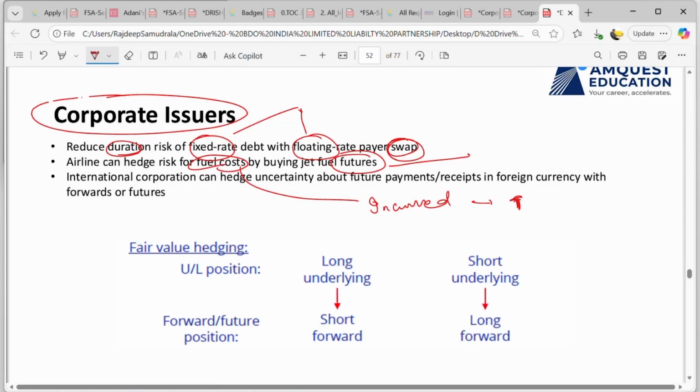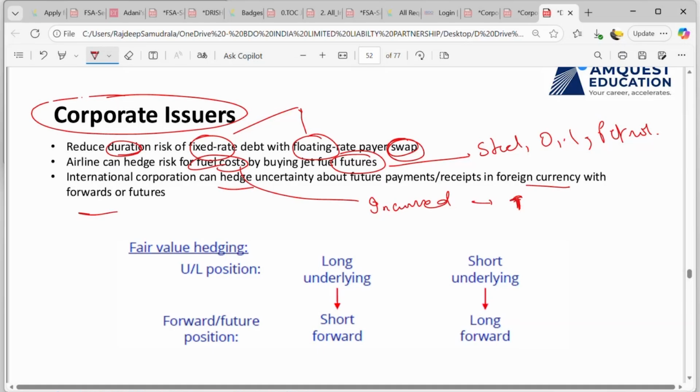They'll say, fine, let's fix the price of steel so that tomorrow, if the steel price goes up, they are not impacted, right? So futures like steel futures, oil futures, petrol futures, the companies that use these inputs a lot every day will always buy the futures and keep them handy. Clear? Obviously, international corporations can also hedge uncertainty about future payments through futures.